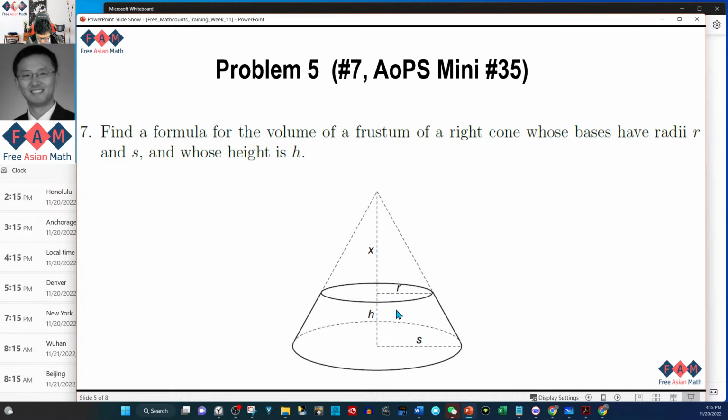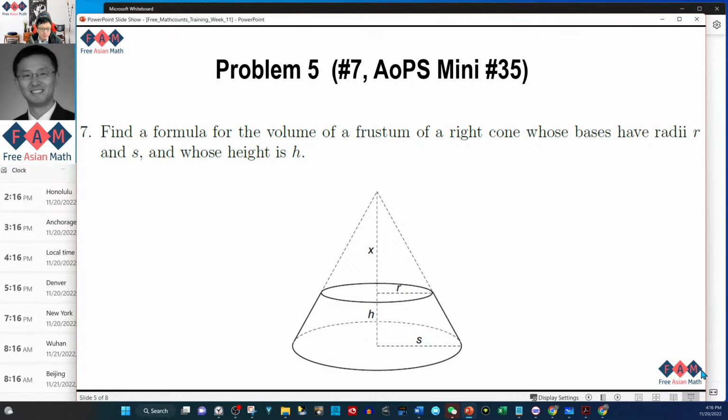We know the radius of that smaller circle, and we know the radius of the bottom bigger circle, and we know the height of the remaining portion of the cone called the frustum. So what do we need? We still need one thing, that is the missing height of the smaller cone, which is denoted as x here. So we do not know x, but we know the other three.